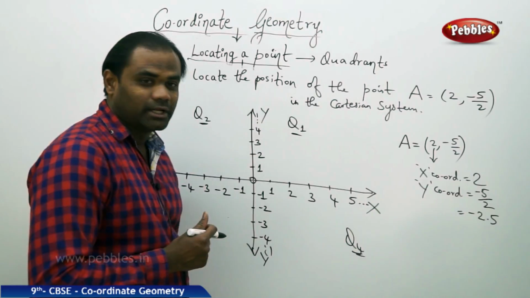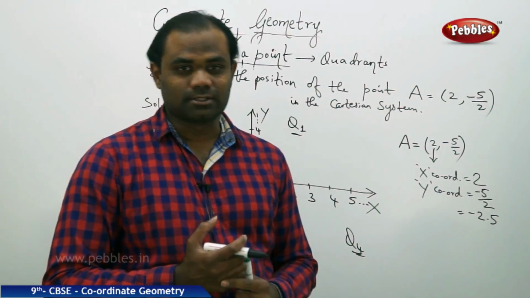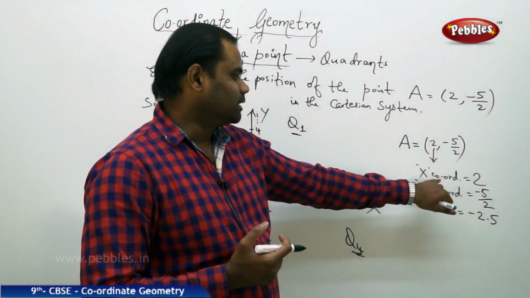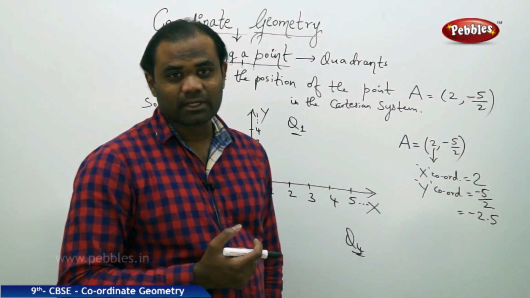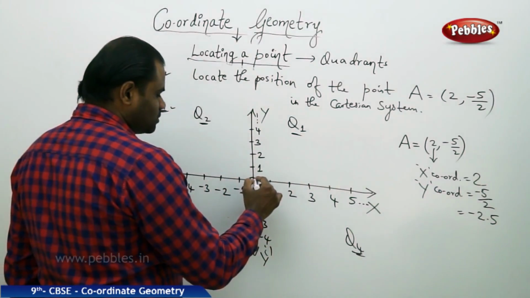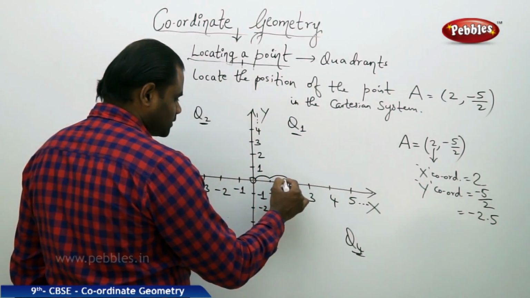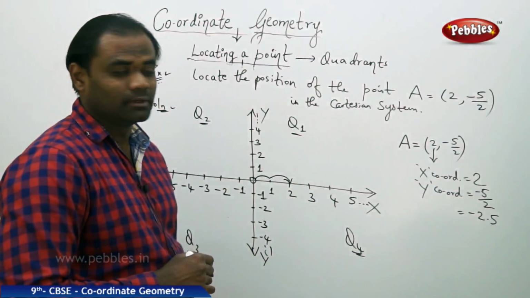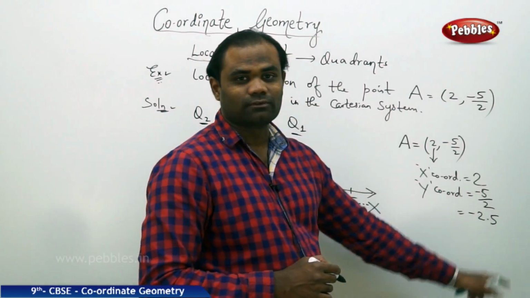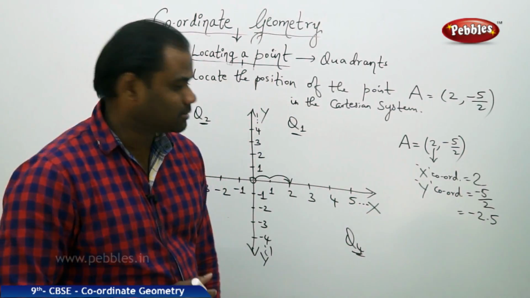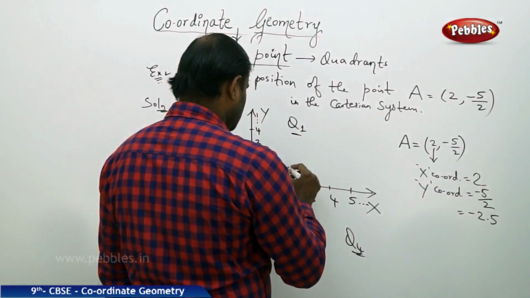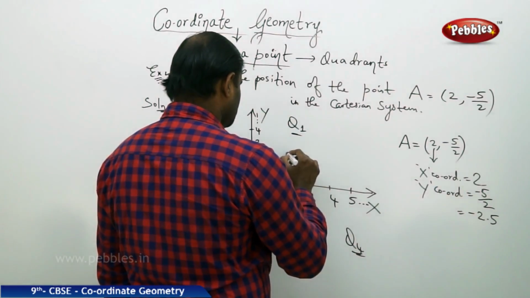Now comes locating this point in the Cartesian system. So as I see here, this point's x coordinate is positive, and this is 2 units, which makes me understand that the origin moves 2 units to the right initially, and then it moves towards y coordinate with a distance of negative 2.5 units. So here I have this point which moves 1, 2, 2.5.